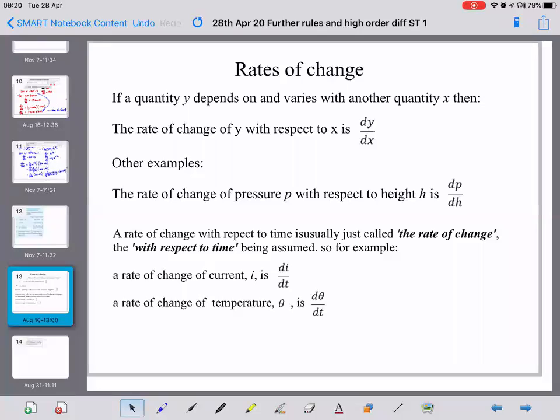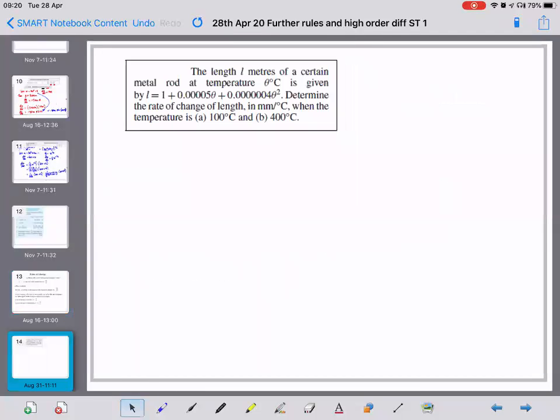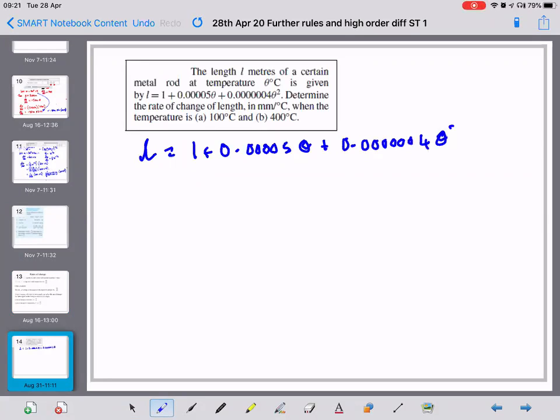So let's have a look at our first real engineering example. The length L meters of a certain metal rod at temperature theta degrees C is given by L equals 1 plus 0.405 theta plus 0.00006 theta squared.